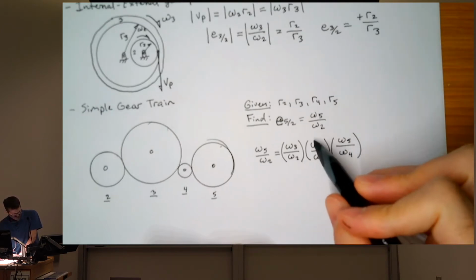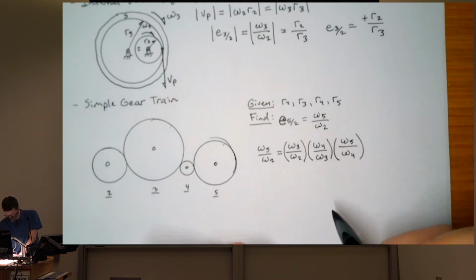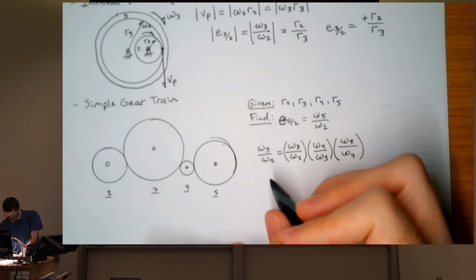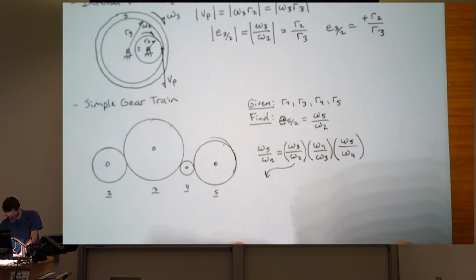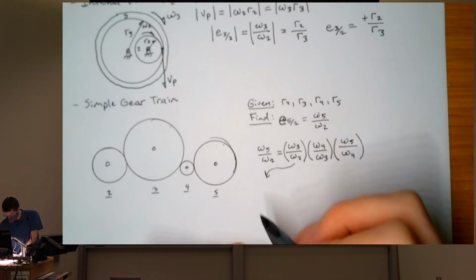So the omega 4s are going to cancel, the omega 3s are going to cancel, and we're going to be left with omega 5 over omega 2. And the reason I'm doing it like this is because given the examples we've done above, we can do each of these parts individually.